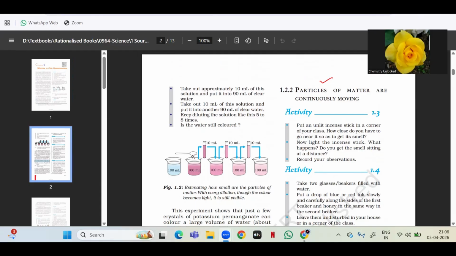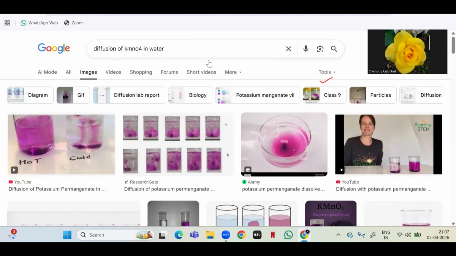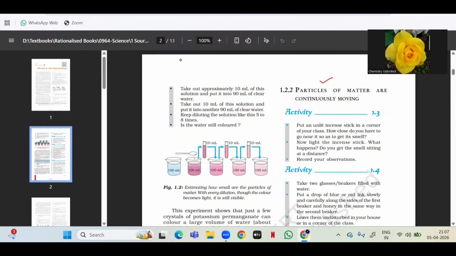And when you put 2 or 3 crystals, or even just 1 crystal of KMnO4, which is purple in color, let me show you, this is KMnO4, right? When you put KMnO4, the water becomes purplish like this. So in 100 ml of water, when you put 1 speck of potassium permanganate, it becomes purple. Purple means the particles of KMnO4 make the water purple.